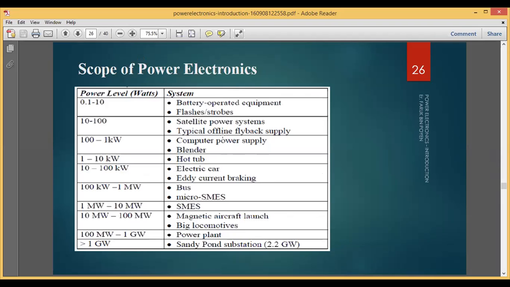then based on the power electronic features, you can go for the scope, or simply the applications. The applications of power electronics can be found in battery equipment, flashes, satellite power systems, offline supplies, flyback supply, and computer power supply, which we call SMPS.